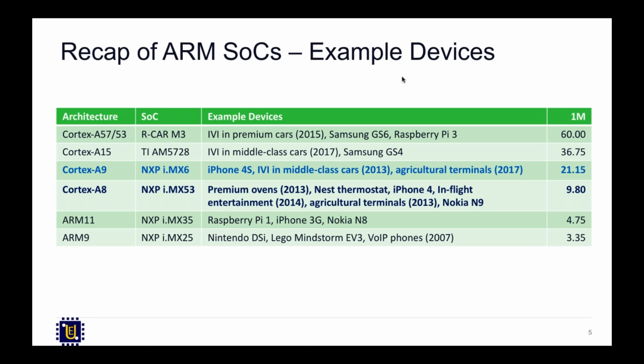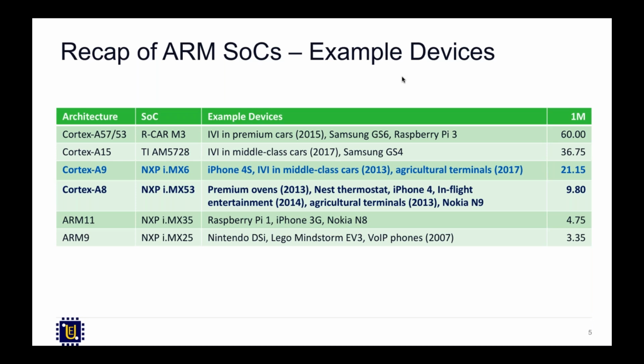Going down a little bit, you have the ARM11. That's even a different architecture. The typical example is the Raspberry Pi 1. The very first one came out with that, and you pay a little bit less than 5 euros. And so, yeah, you can run Qt applications very, very well on the Raspberry Pi 1.